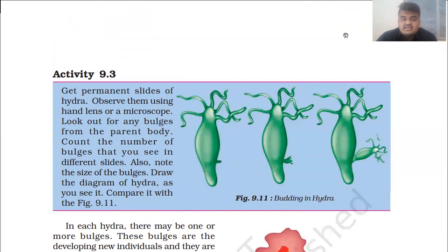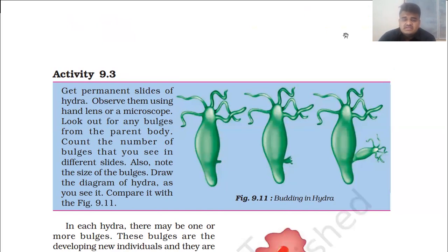Observe them using a hand lens or a microscope. I already discussed that these are microscopic organisms, so we cannot see them with the naked eye and we have to use a microscope. Look out for any bulges.